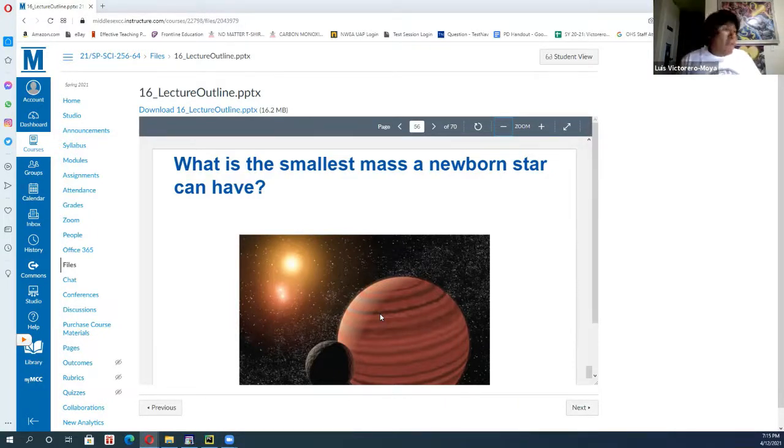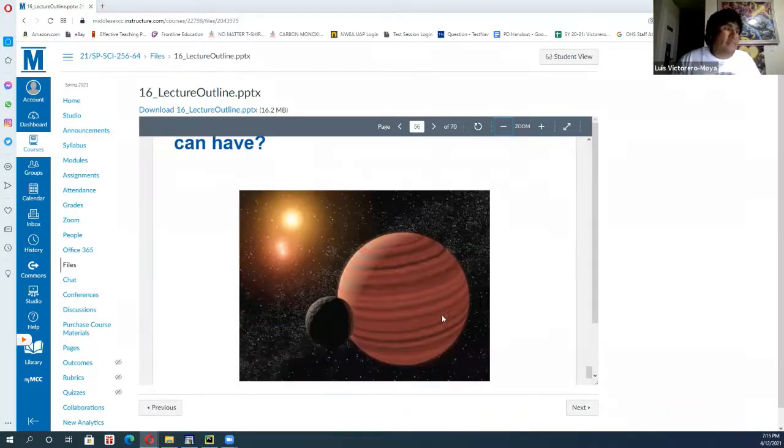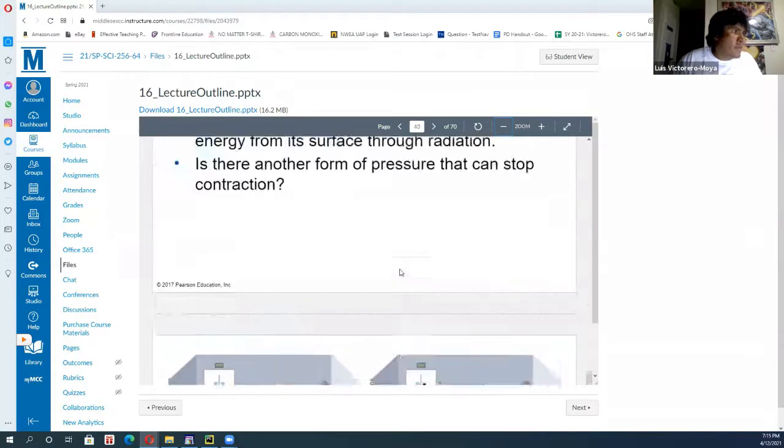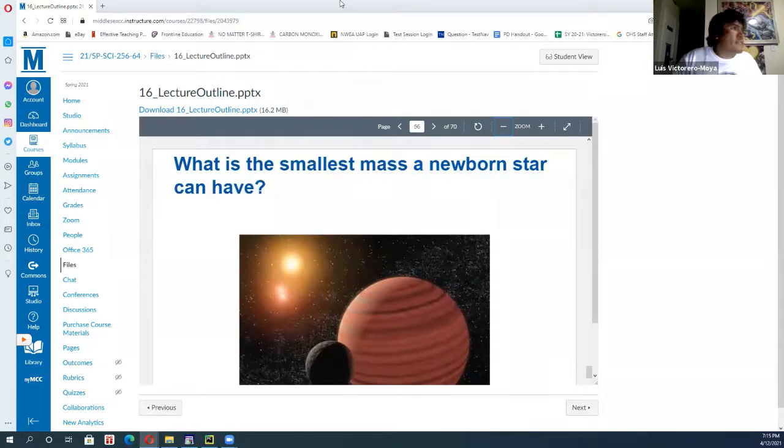The smallest mass for a fragment to eventually start burning hydrogen is 0.08 the mass of the Sun, which is approximately 80 times the mass of Jupiter.